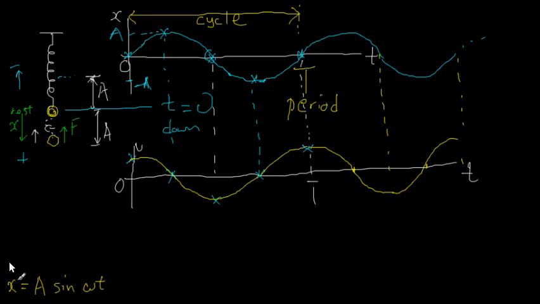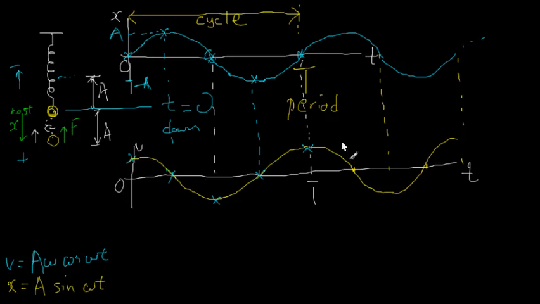In fact, later on, as I'll hopefully explain, the velocity is given by this formula: A times omega times cosine omega t. It's given by a cosine function if x is given by a sine function. But don't worry about this for now.